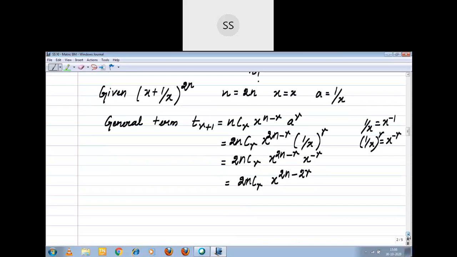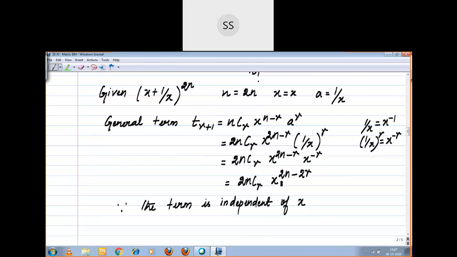Now, which is equal to 2n CR x power 2n minus 2r. Law of exponents, bases are equal, so you are adding the powers. Now, they said the term is independent of x.